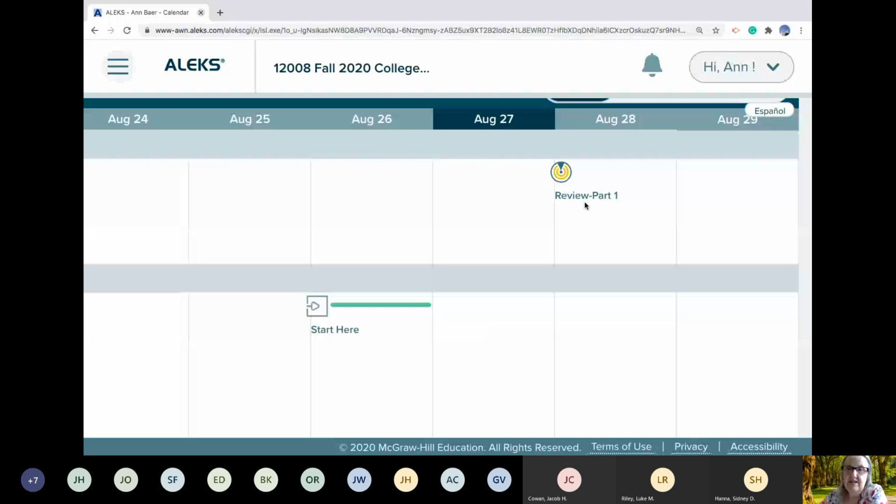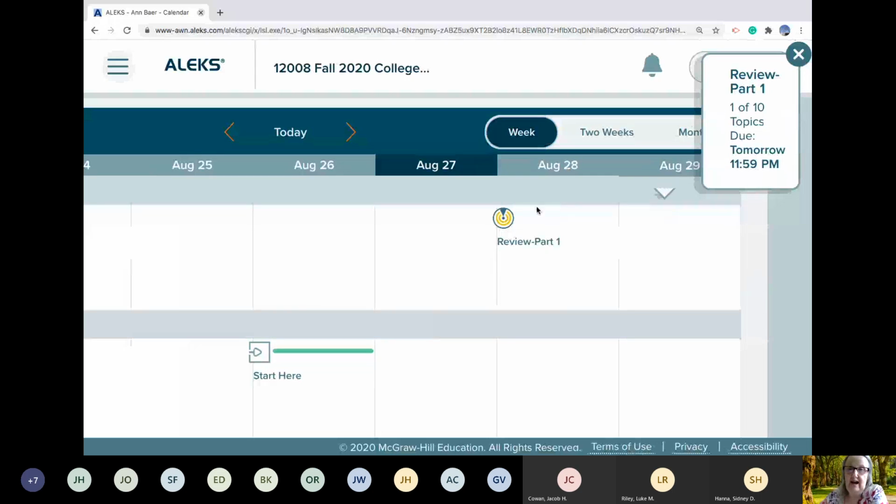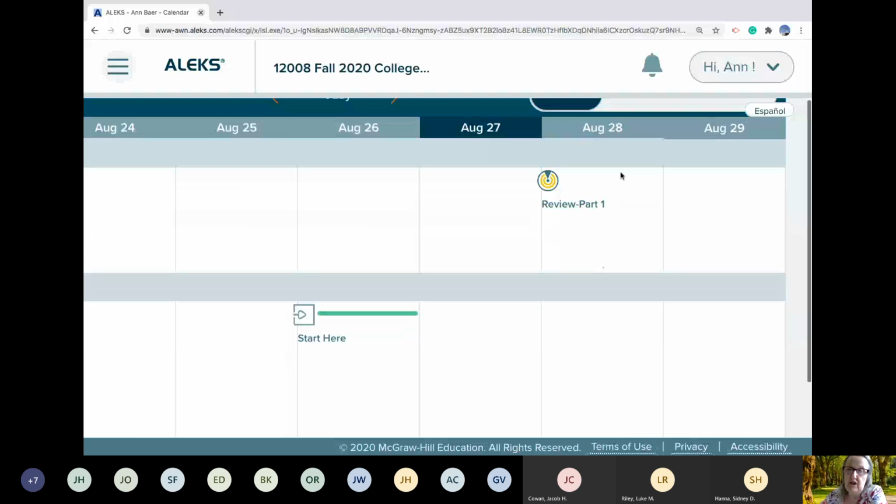Now this review part 1 is due on the 28th. If I click on it, it tells you for sure it's due tomorrow and what the due time is. So this strip is where the objective due dates are. This strip is where assignments that I have created appear.